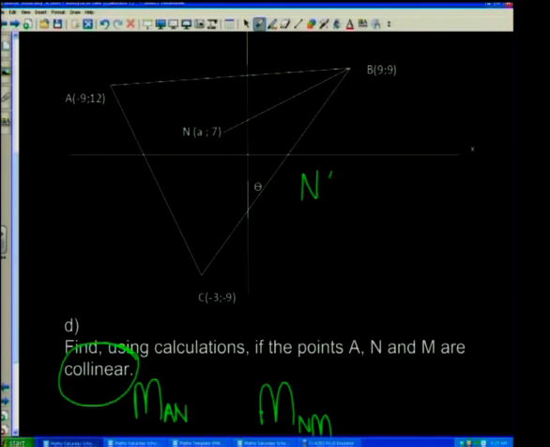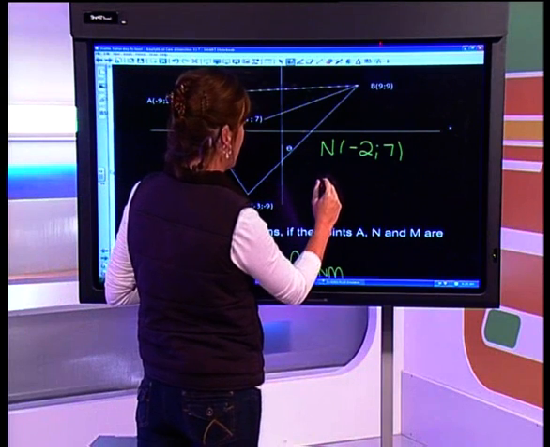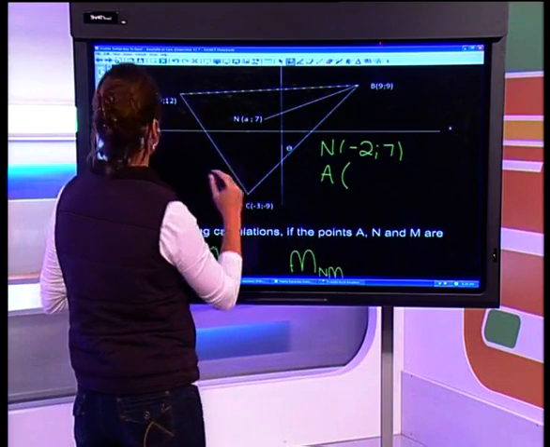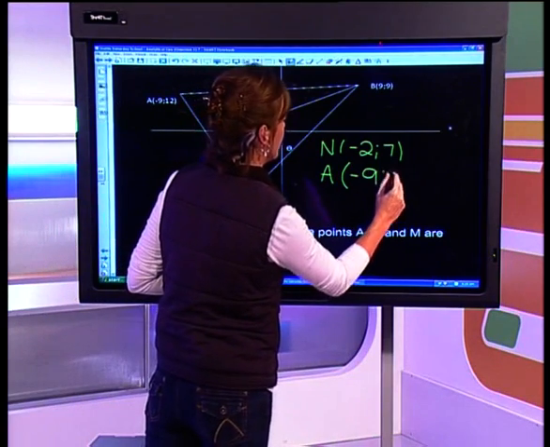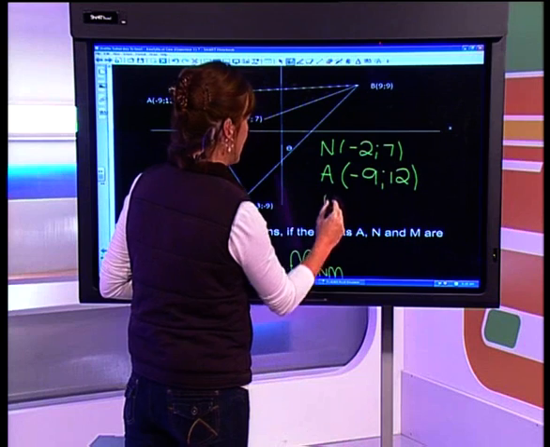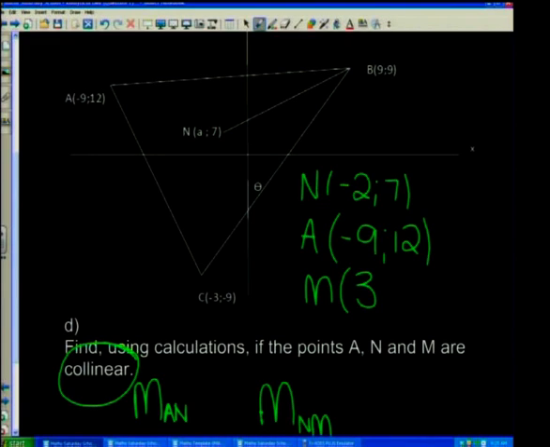Point N is negative 2 and 7. Point A is point negative 9 and 12. And point M, which is the one that we've just proven, was 3 and 0. Right, there we go. Okay.